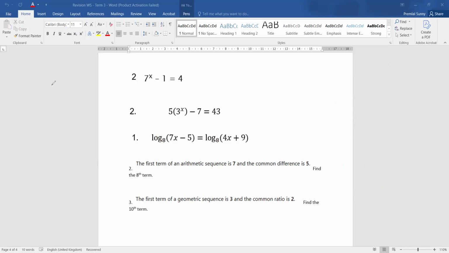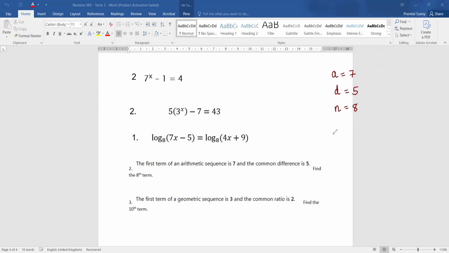Now, the next question. The first term of an arithmetic sequence is given as 7 and the common difference is given as 5. Find the 8th term. So n is 8 in this case.